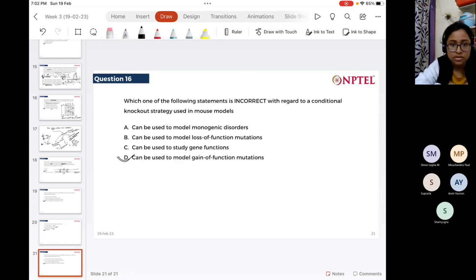And yes, we can study loss of function, and we can study gene functions by understanding what would happen to the mice if this gene was not present. Then we can interpret that if this gene was not present, this was not happening, so maybe this gene is responsible for this function in the cell. So with these kinds of studies we can identify gene functions.